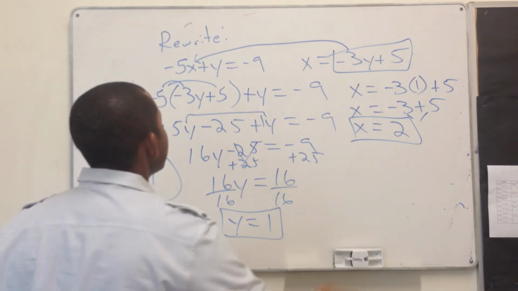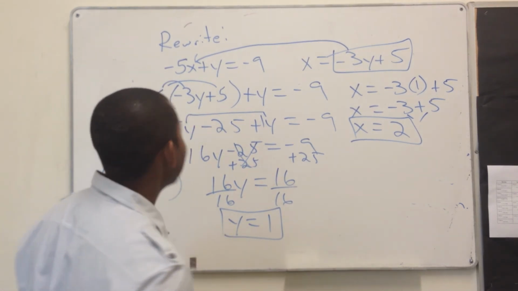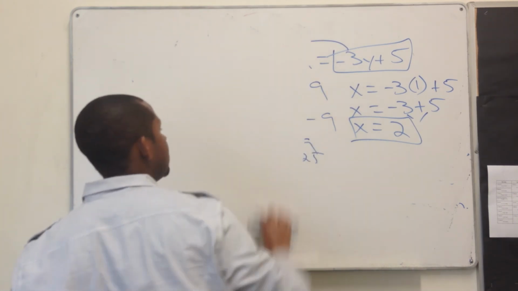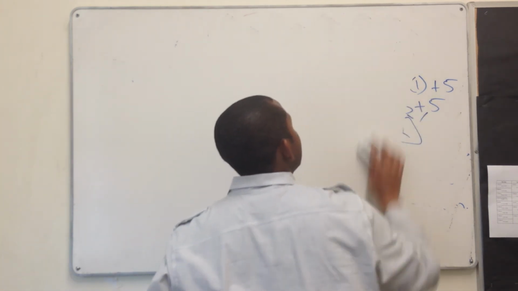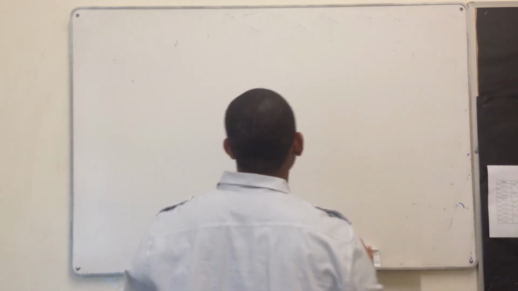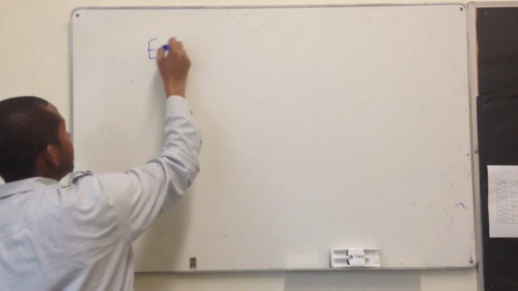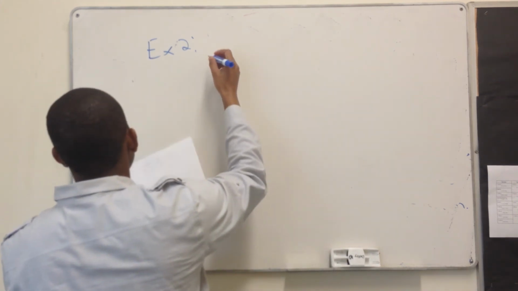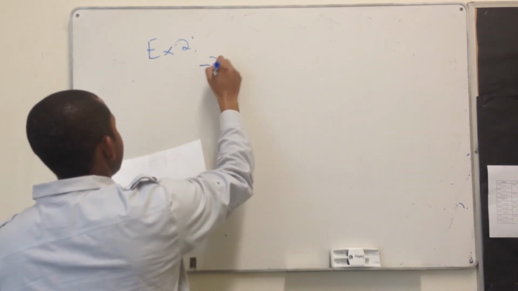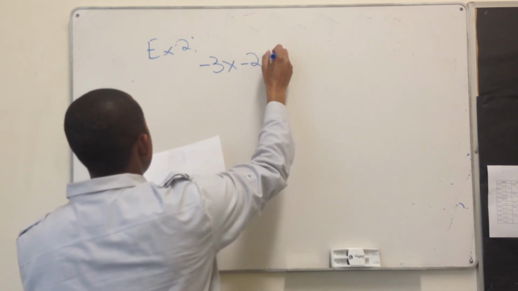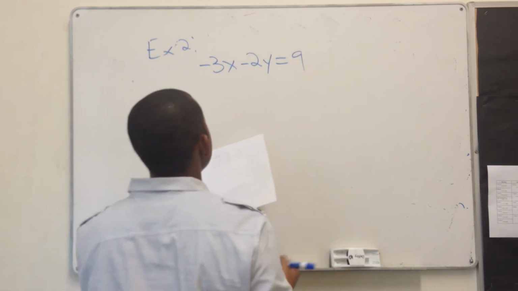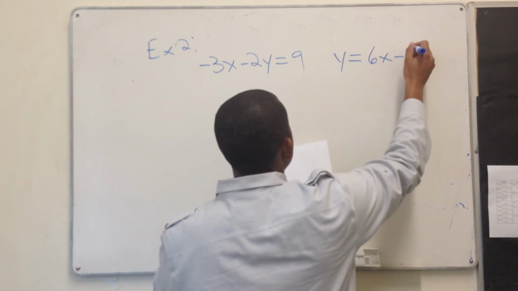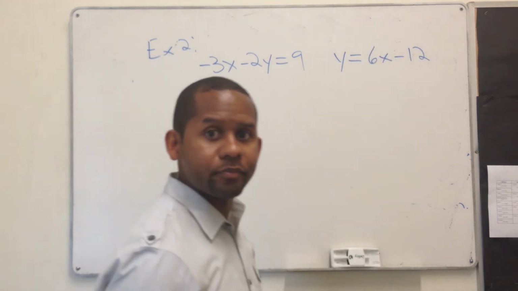Alright? Equations by substitution. Let's practice another one. We'll probably only do one more for this video today. So, example 2. Solve by substitution. Negative 3x minus 2y equals 9, and y equals 6x minus 12.